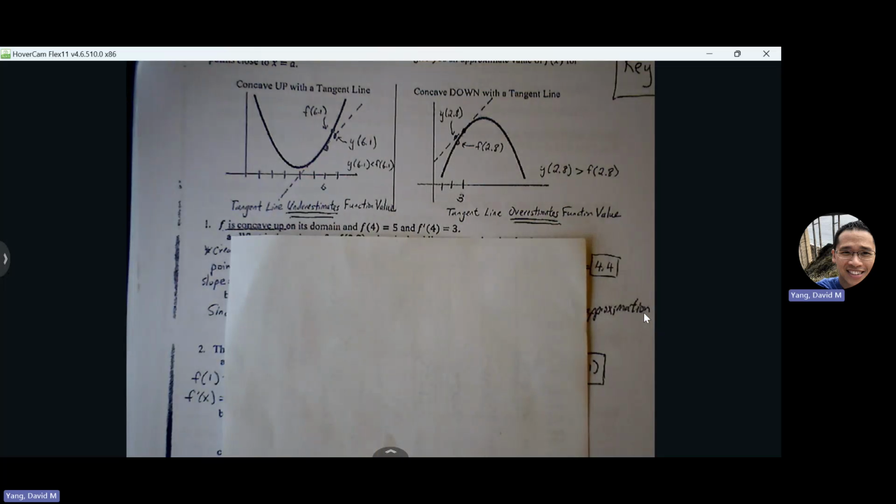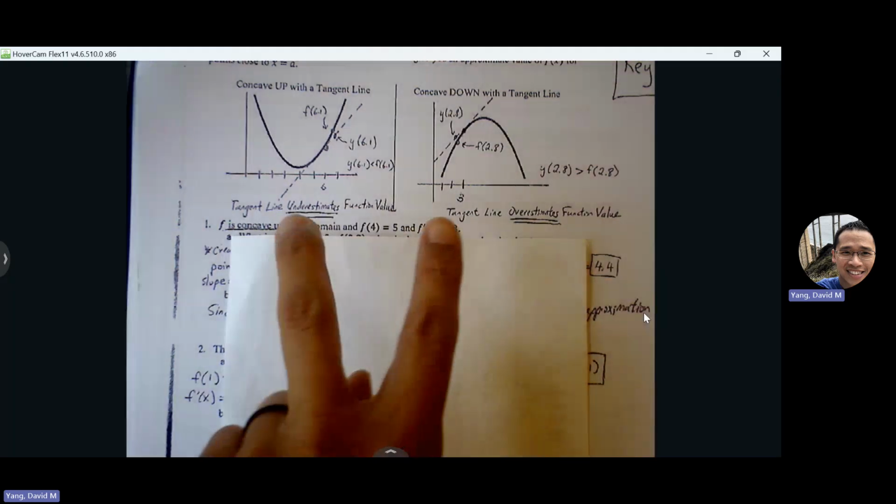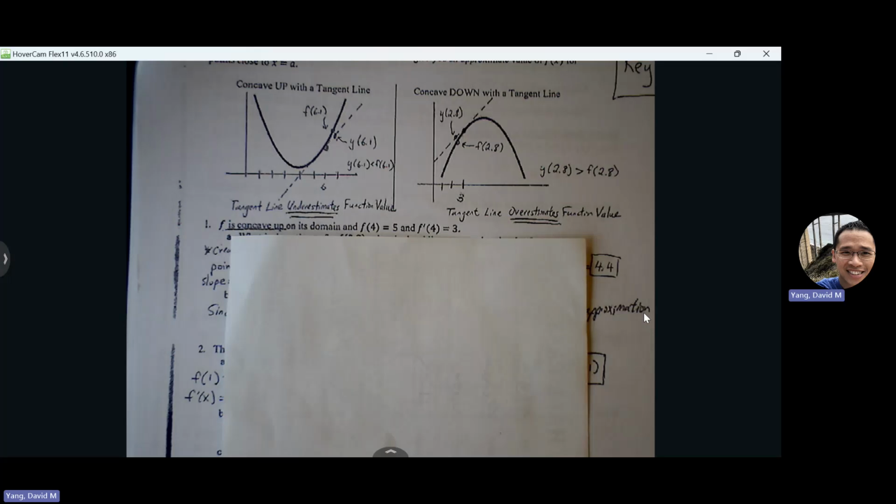So that's a common type of question that AP exams like to ask, but again, if you can visualize it, then there's no need to memorize that. Now, we just have to be able to know whether something is underestimating or overestimating. We're not going to have to know the accuracy of the overestimation or the underestimation. So we just have to be able to know whether it's under or overestimating.